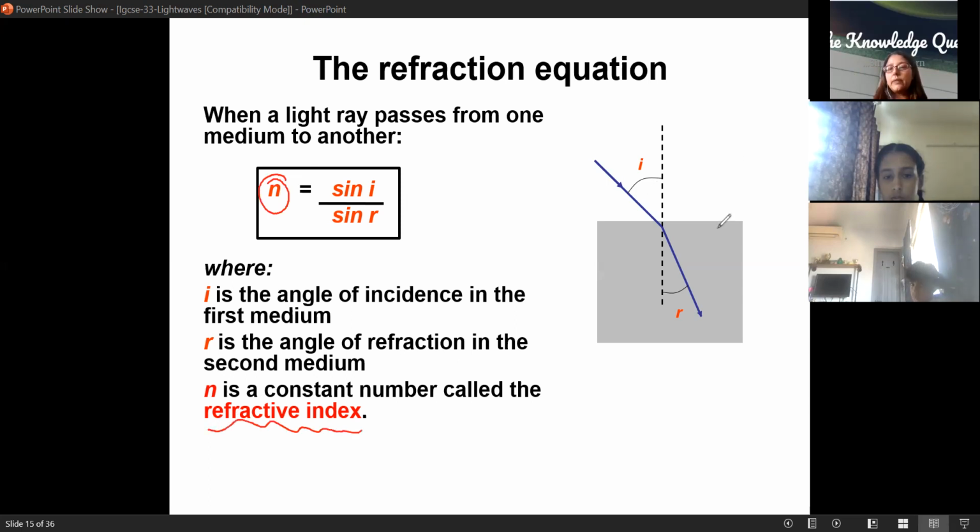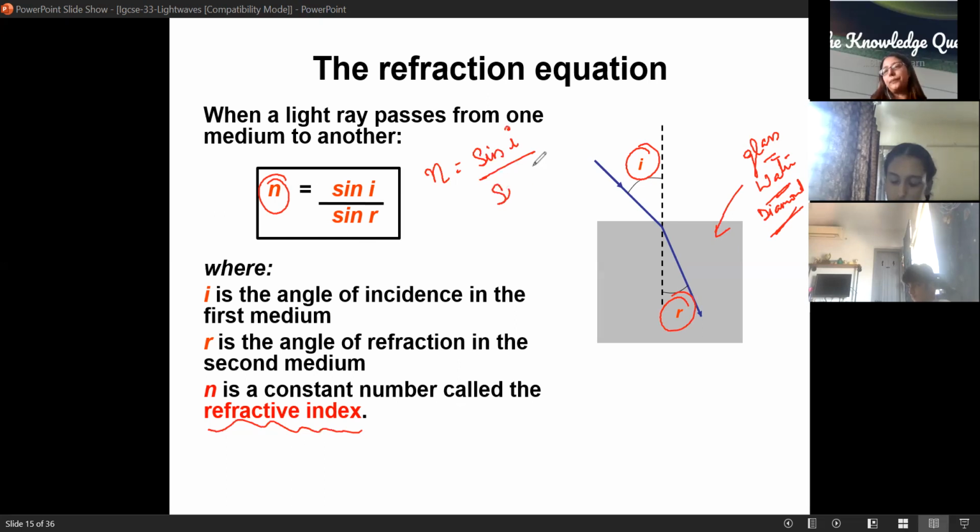Every object, this could be glass, water, or diamond, any object, will have a refractive index. And that refractive index has a relationship with the angles being formed. What is that relationship? Refractive index is equal to sine of I upon sine of R.